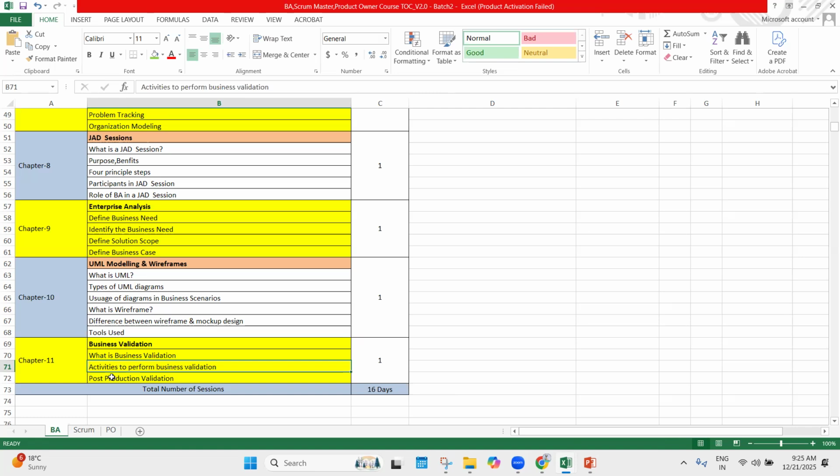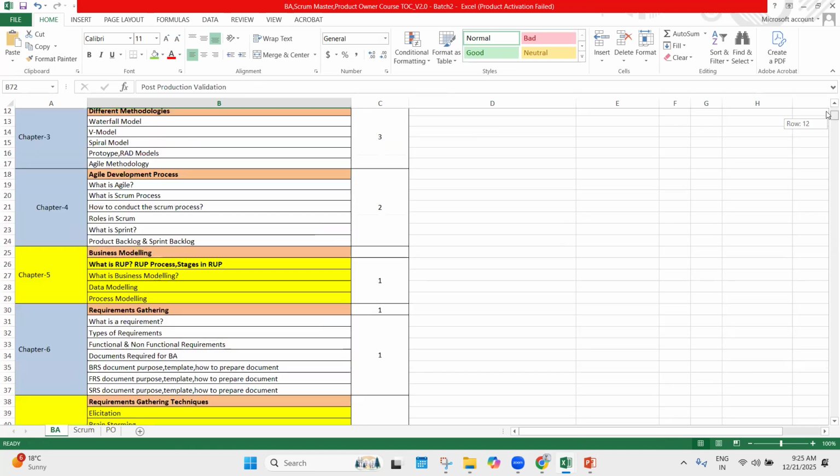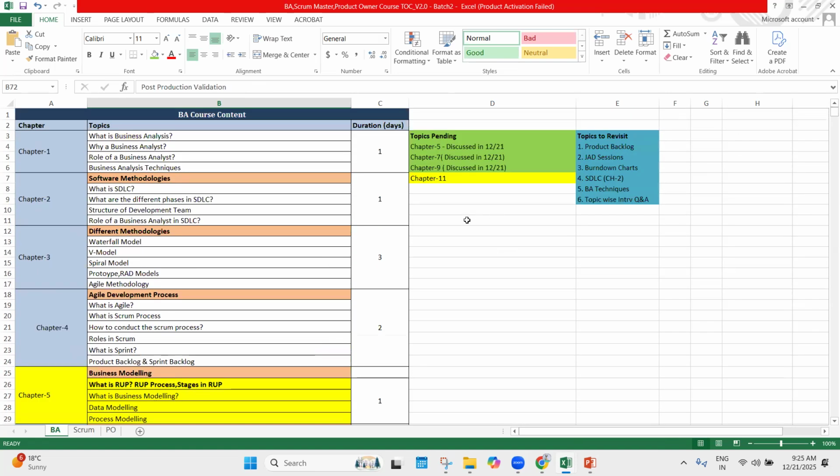After production, we took the screenshots, attached them in a document and shared it with the client, which is the post-production validation, the final step in the development of the project. So you started communicating with the client by doing the business analysis, and ended communication with the client after implementing those requirements in the production environment.